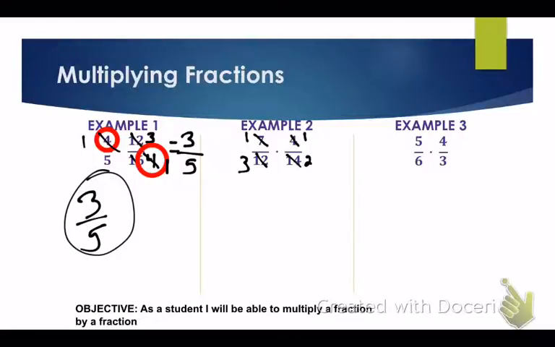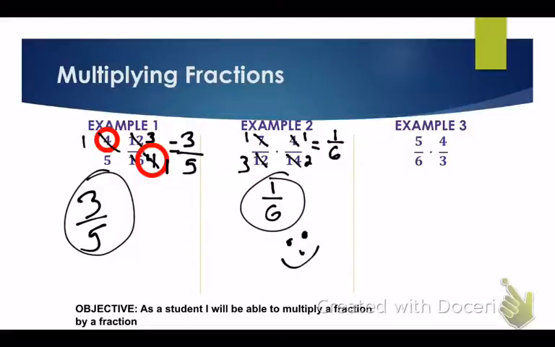Does not look like it. 2 and 3 are prime, and 1's are neither prime nor composite, so nothing goes into them. We multiply across. Numerator times numerator is 1. Denominator times denominator is 6. I know those are already simplified because there's a 1 in it. Anything with a 1 is simplified. And 1/6 is our answer because it's not improper, so we are done. 1/6.